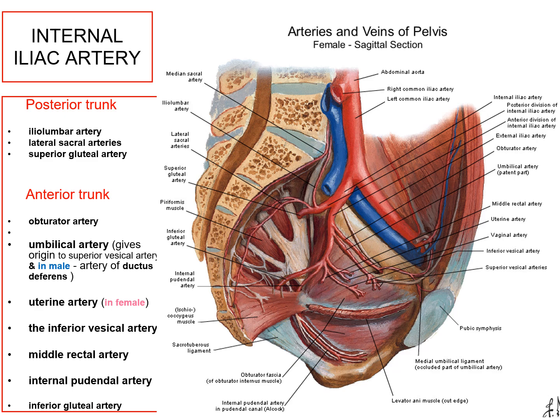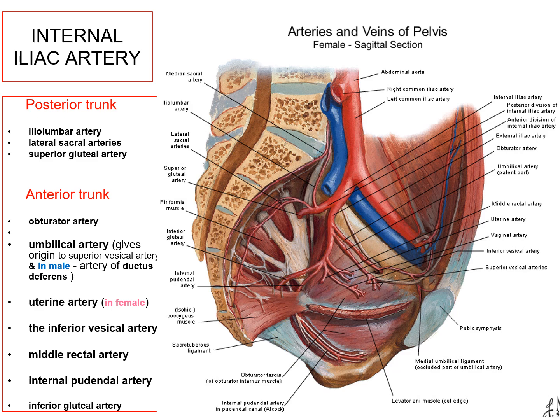Branches of the posterior trunk are the iliolumbar artery, the lateral sacral arteries, and superior gluteal artery. Branches of the anterior trunk of the internal iliac artery include the umbilical artery, which gives origin to the superior vesical artery, and in males, the artery of ductus deferens.